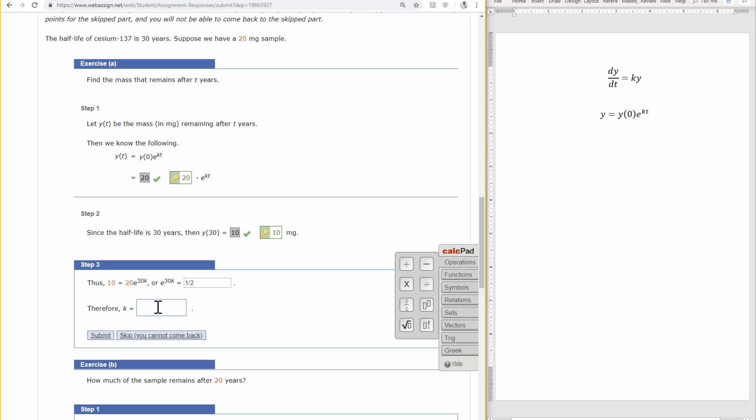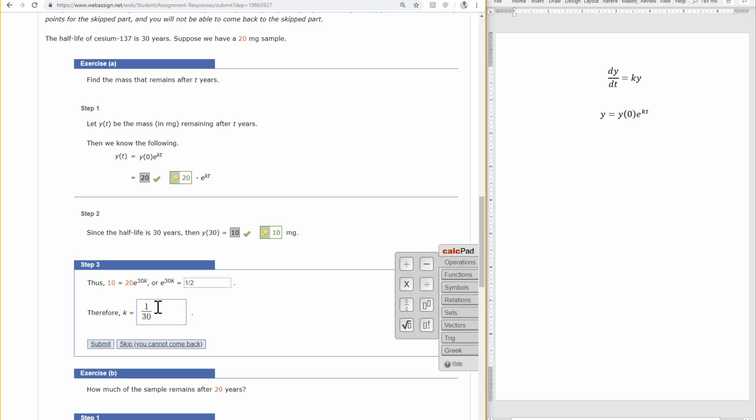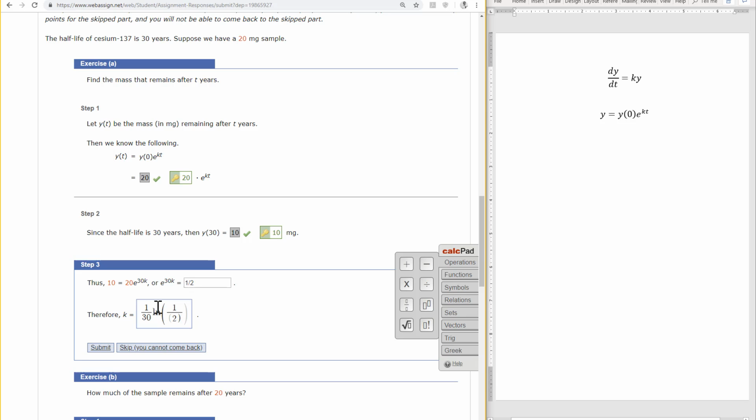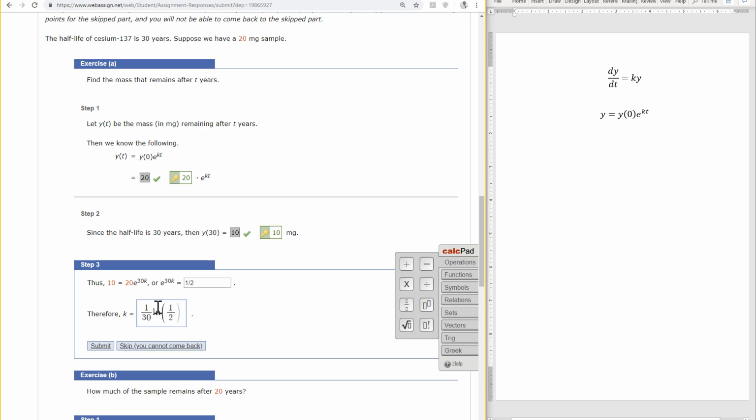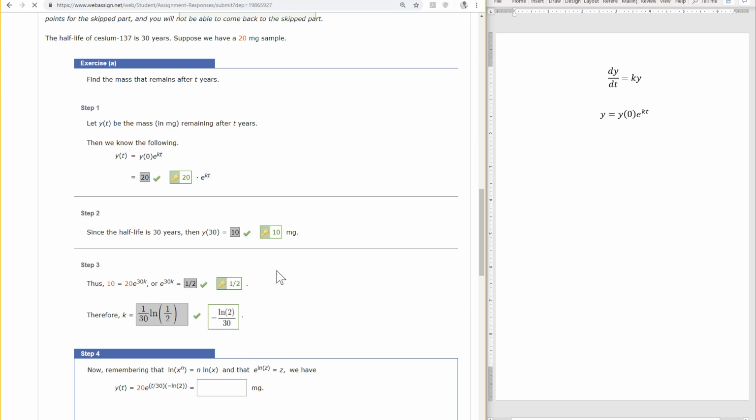So that's going to be 1 over 30 times ln of 1/2. Oops, let's put the parentheses at the proper place. And so that's going to be our k.